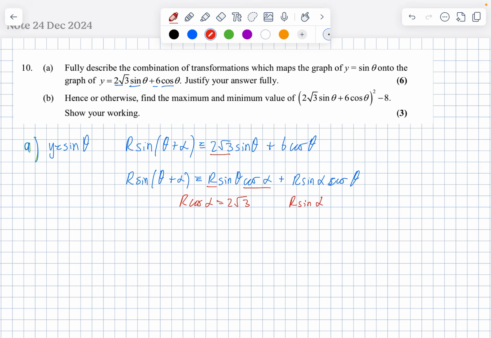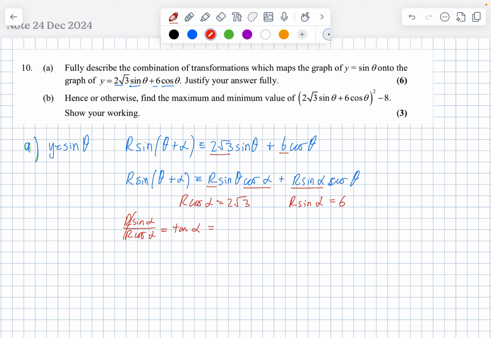R sine alpha, well, that's multiplying cos theta. What's multiplying cos theta? 6, so r sine alpha must be 6. Now remember, that means we do r sine alpha divided by r cos alpha, which gives us tan of alpha. Remember, the r's cancel each other out, so that's just 1.